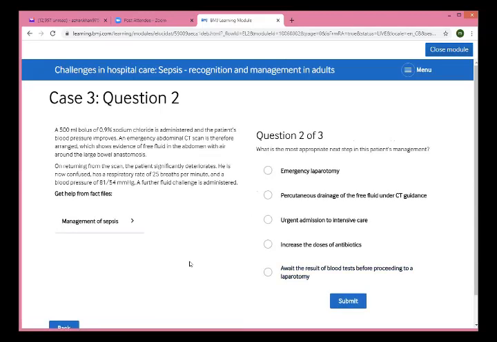An emergency abdominal CT scan is therefore arranged. The patient is now confused and further deteriorating with a low blood pressure. So you urgently admit the patient to intensive care.